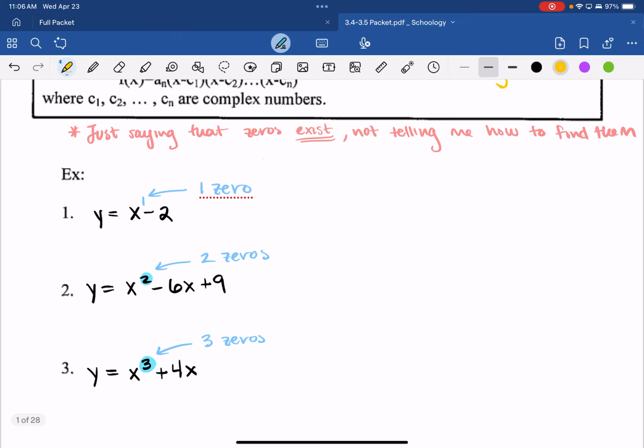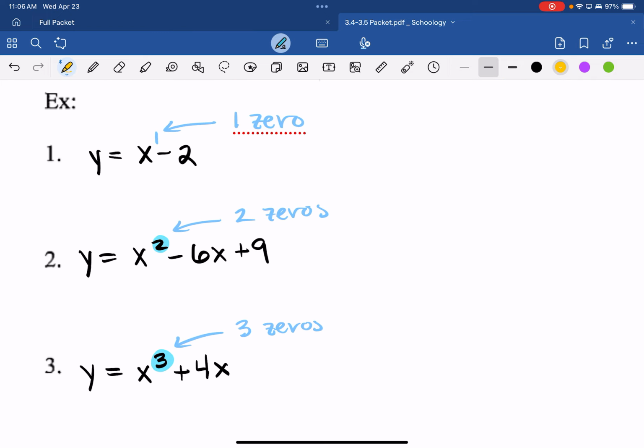So, for example, number 1 here, if I give you y equals x minus 2, we agree y is just f of x, just a different way of writing it. That exponent up there was a 1, so that tells me I have exactly 1 zero, or one spot where it's going to cross the x-axis.